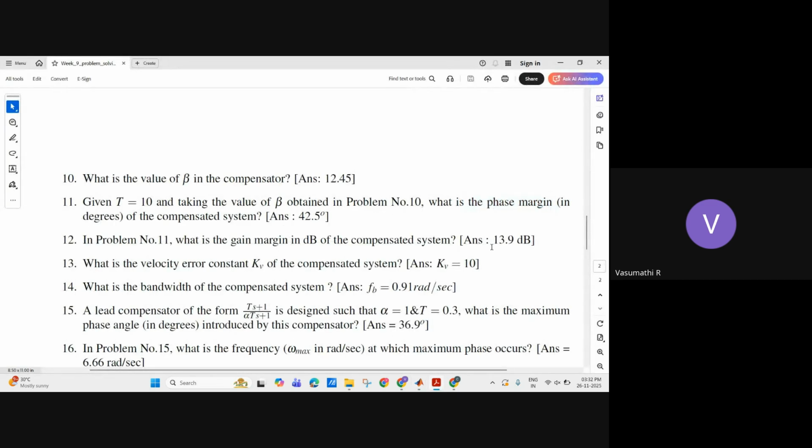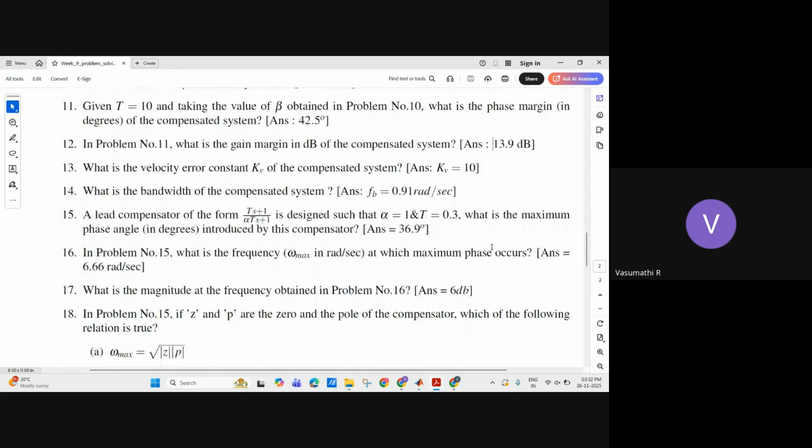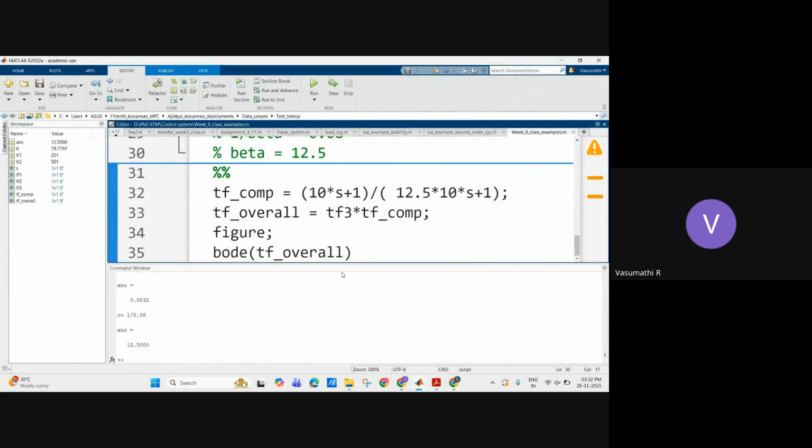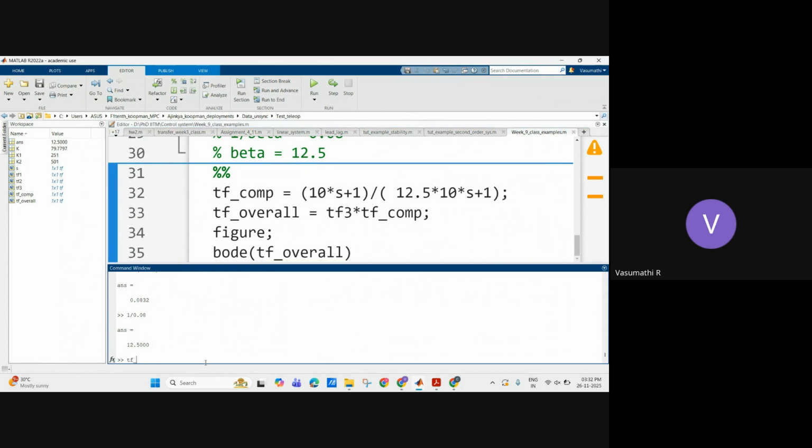Both are nearly the same. Now, what are they asking is the velocity error constant Kv of the compensated system. Now you have the overall transfer function. This is the overall transfer function we got, right? Let me type it here. This is the overall transfer function, and this is the compensator transfer function.